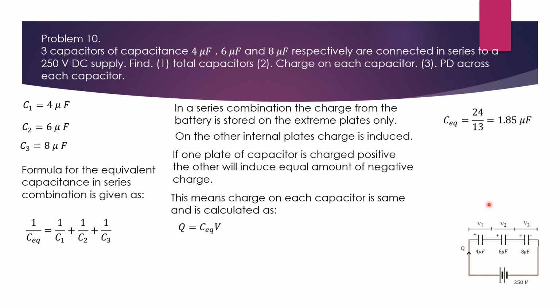If we put in a small capacitor, wherever it is placed inside the circuit, the charge will be placed according to that equivalent capacitance, and that will be less than the smallest value.